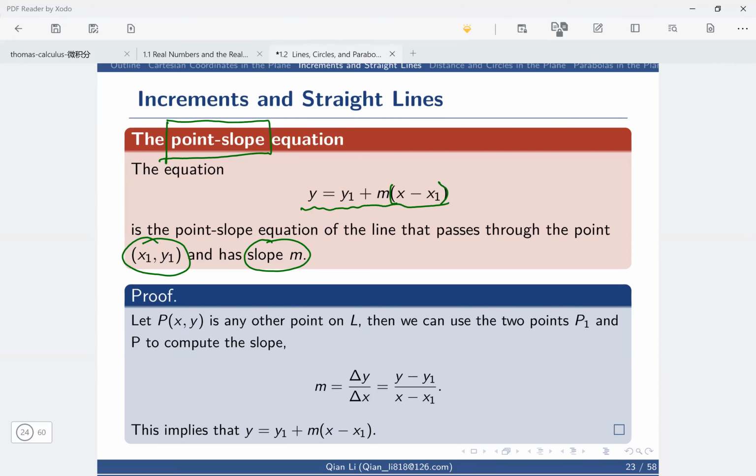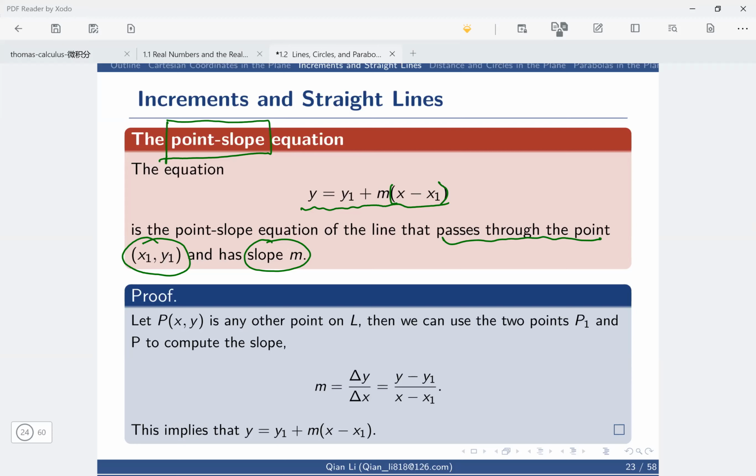This line passes through the point (x sub 1, y sub 1) and has slope m. So this is the point-slope equation of the line.